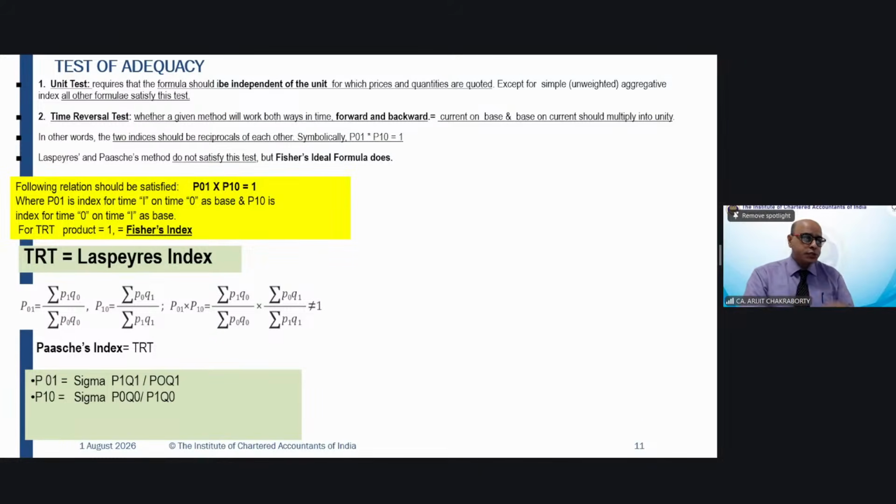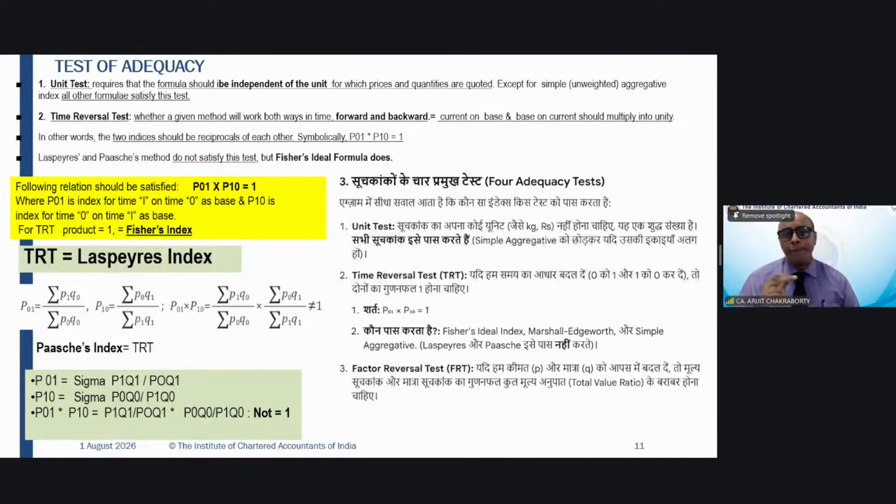Similarly, P10, that means the Paasche's index of the base year with respect to the current year, it will become sigma P0Q0 by sigma P1Q0. दोनों का product, sorry, it does not equal to 1. That means we can see for the time reversal test, ना तो Laspeyres method, ना तो Paasche's method इसे satisfy कर सकता है.